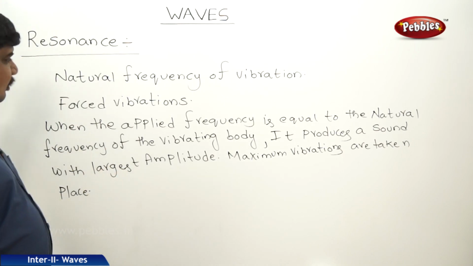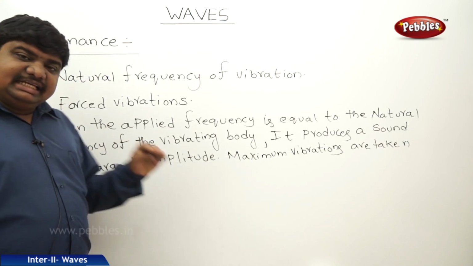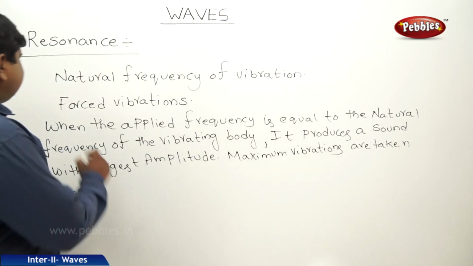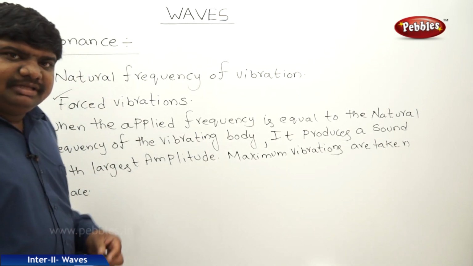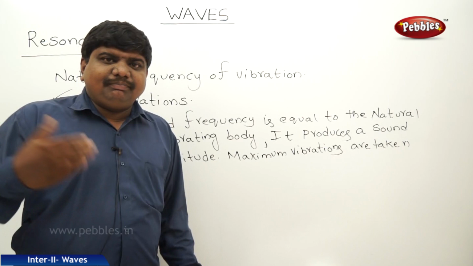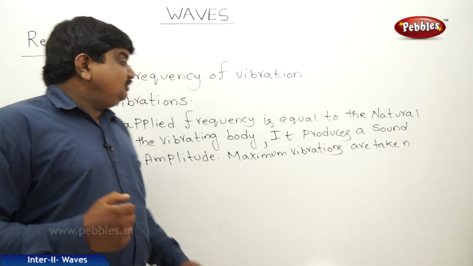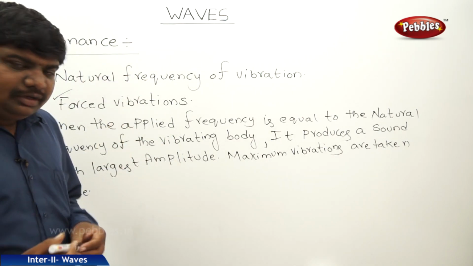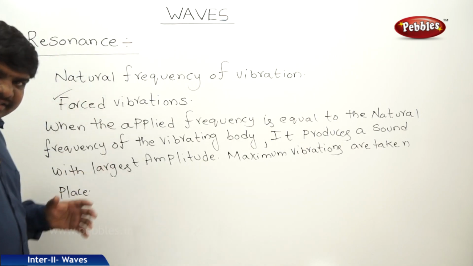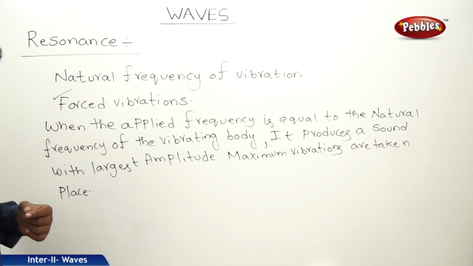This phenomenon is called resonance. This resonance is an example of forced vibrations, meaning the vibration is not natural. We should apply the force to observe the resonance pattern. Now we will see some examples of this resonance and the uses of the resonance.